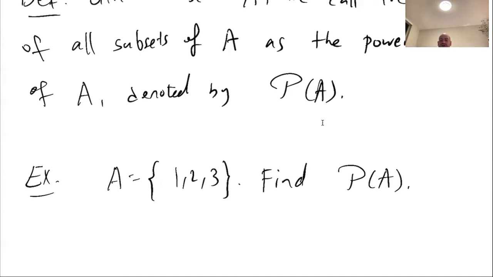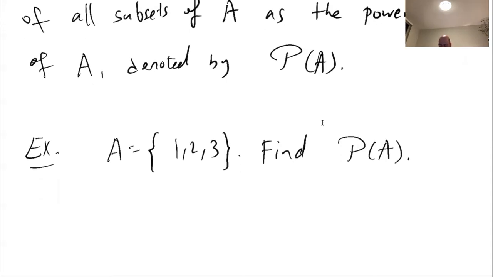What is the definition? The power set of a set is the set of all subsets of that set. So first, if I want to find the power set, I first need all subsets of A. So what are all the subsets of A?